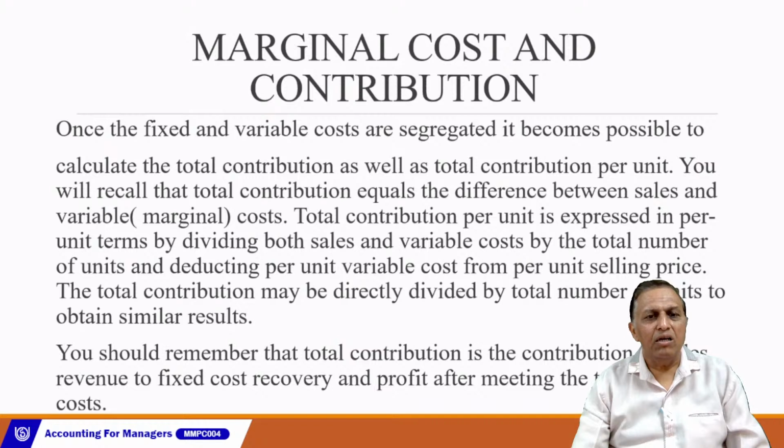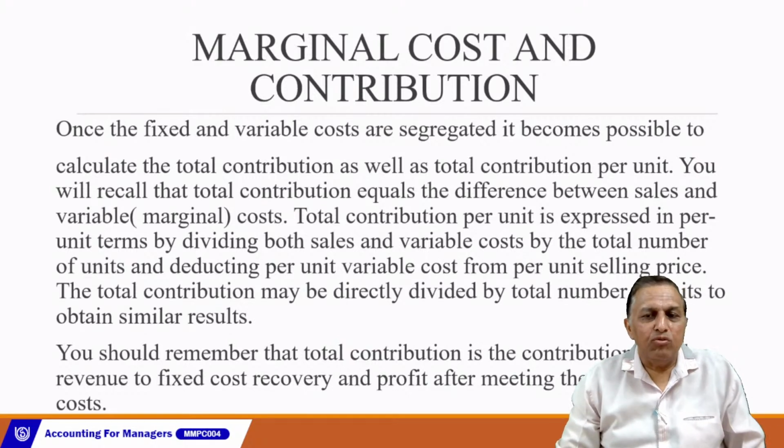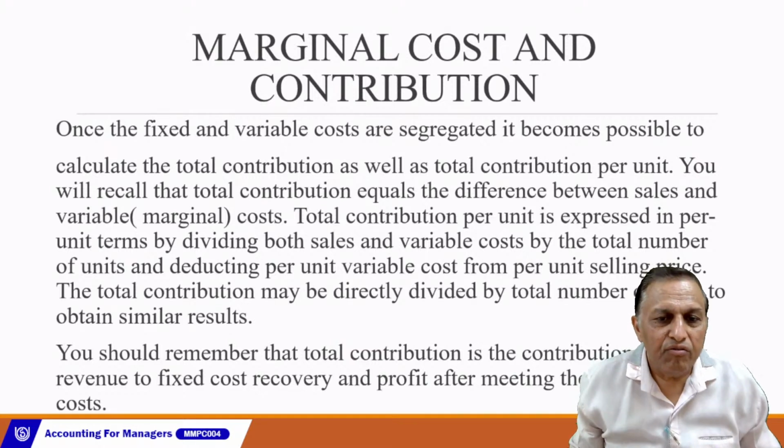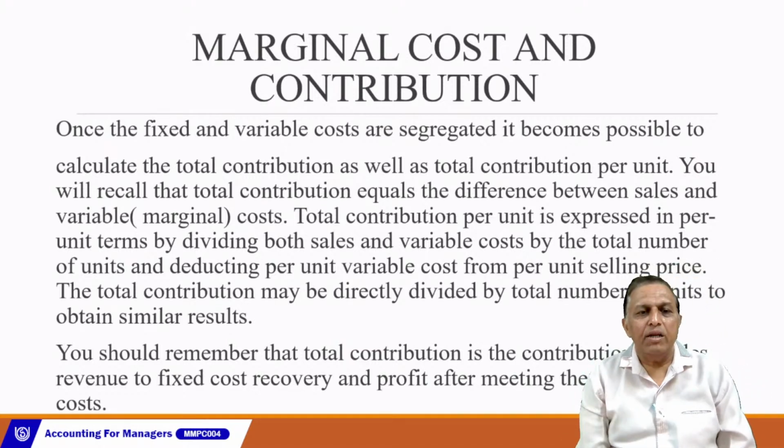You will recall the total contribution equals the difference between sales and marginal (that is, variable) cost. So once we reduce the variable cost out of the sales, we get the total contribution. And if we divide by the volume of output, it becomes the total contribution per unit.